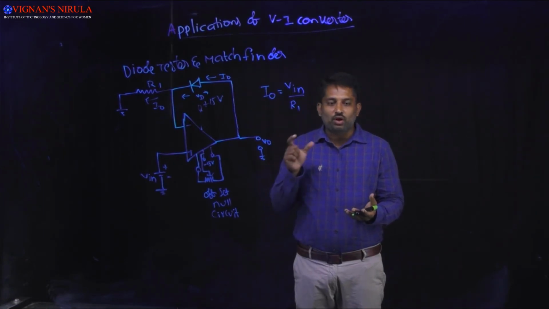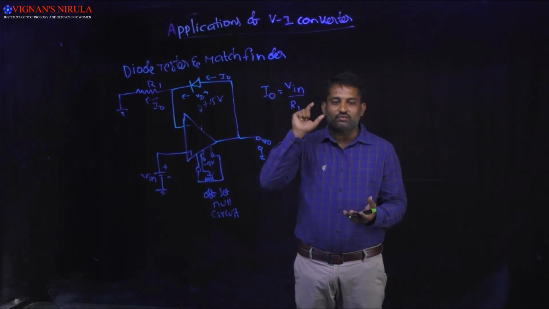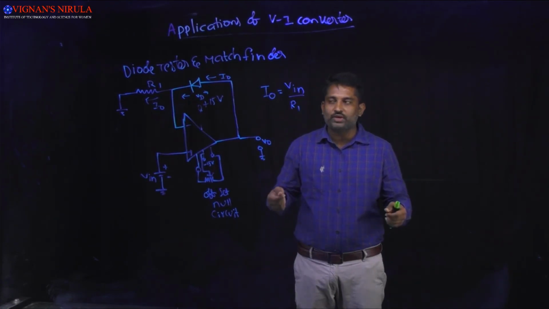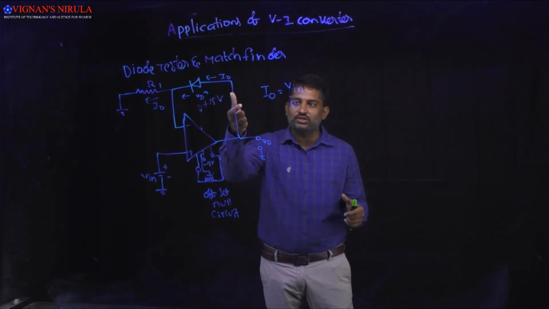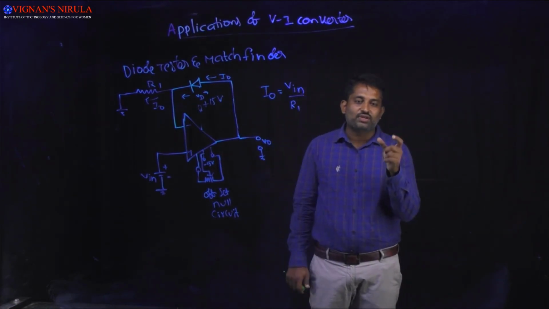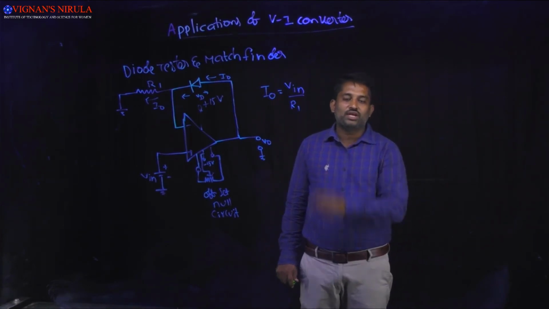So if you want to see the values across the diode, what you have to do is, with the help of voltmeter you can calculate the voltage across the diode. Once we know the value of the diode, then we can easily judge the performance of that diode.